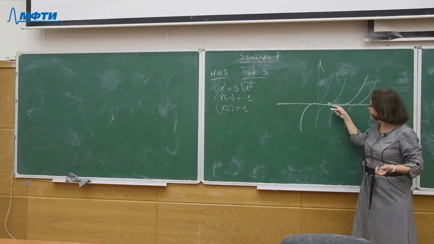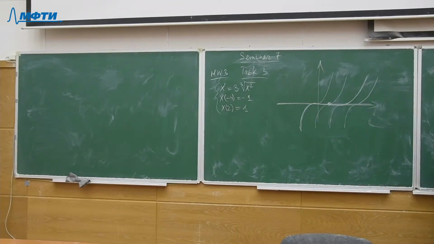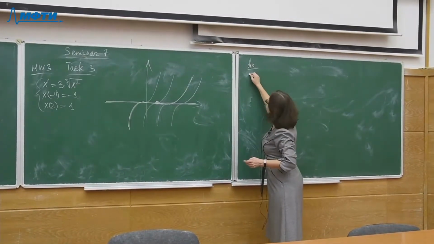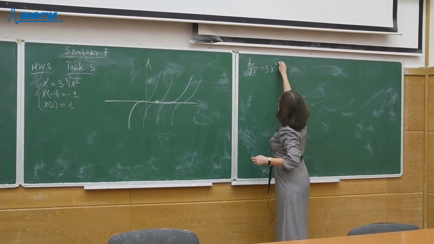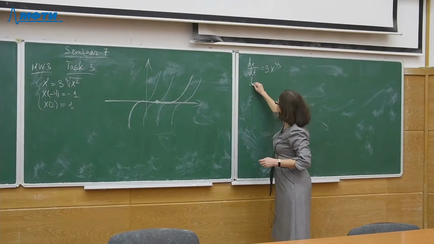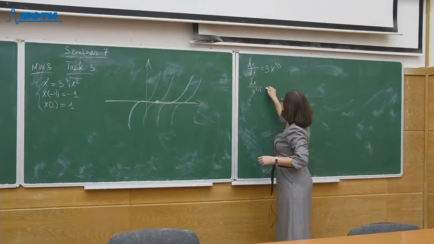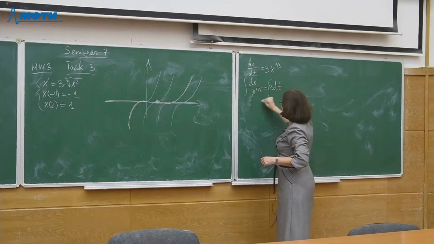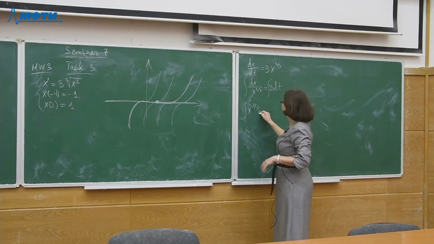Okay, we may try to solve this if you want. Let's solve it. So dx over dt equals 3x raised to the power 2/3. Then separate the variables. Integrate both parts, and we will get x to the power minus 2/3 dx.